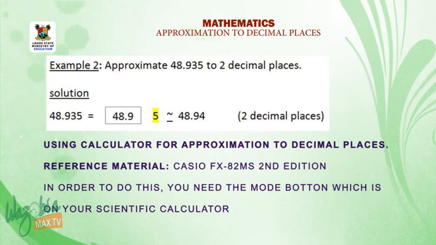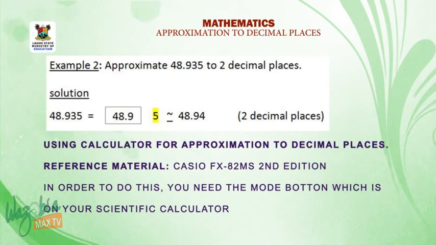Moving on, we're going to learn how to use the calculator to do our approximation to decimal places. And in this case, our reference material is the Casio FX82MS second edition.